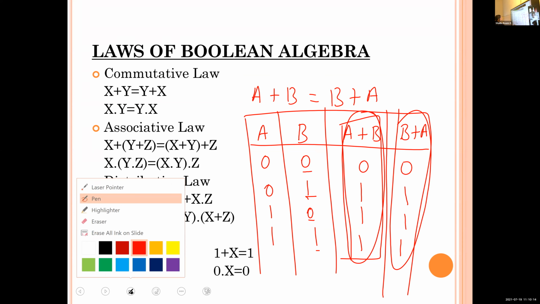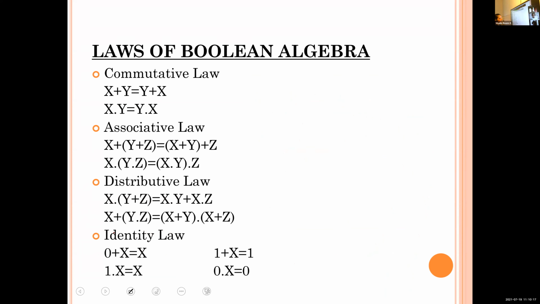Which are the input values? 2 input gates are x and y, and the third column is x dot y, and the last column is y dot x. Okay, you find out the result of x dot y and y dot x.